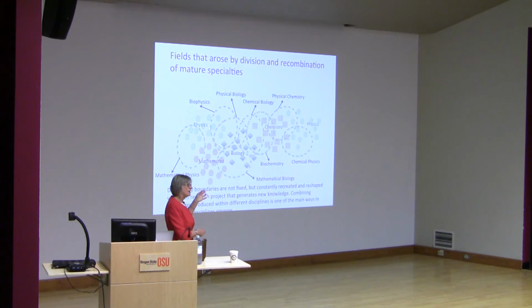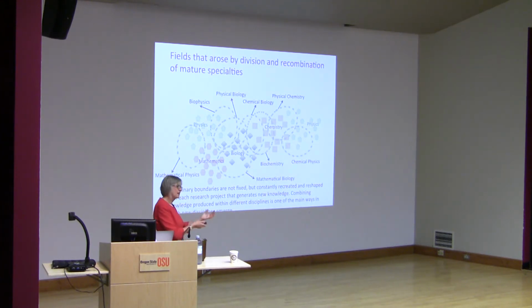What I want to illustrate here is that those boundaries are not fixed at all. That's why we have these broken circles. And they're constantly recreated and reshaped, because whenever something goes on at those edges, then new ways of looking and new reshuffling in those areas occurs.